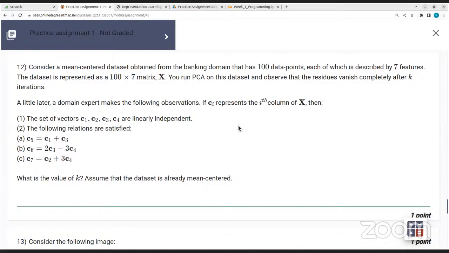Because the row space is 4-dimensional, we can argue that there are 4 principal components that you will end up with. Okay, so there is still some confusion, but maybe I'll get back.